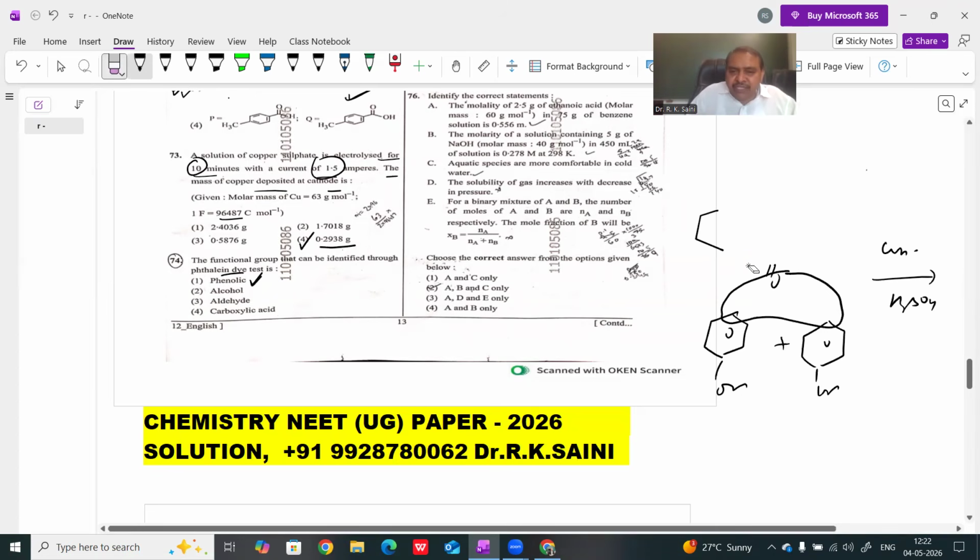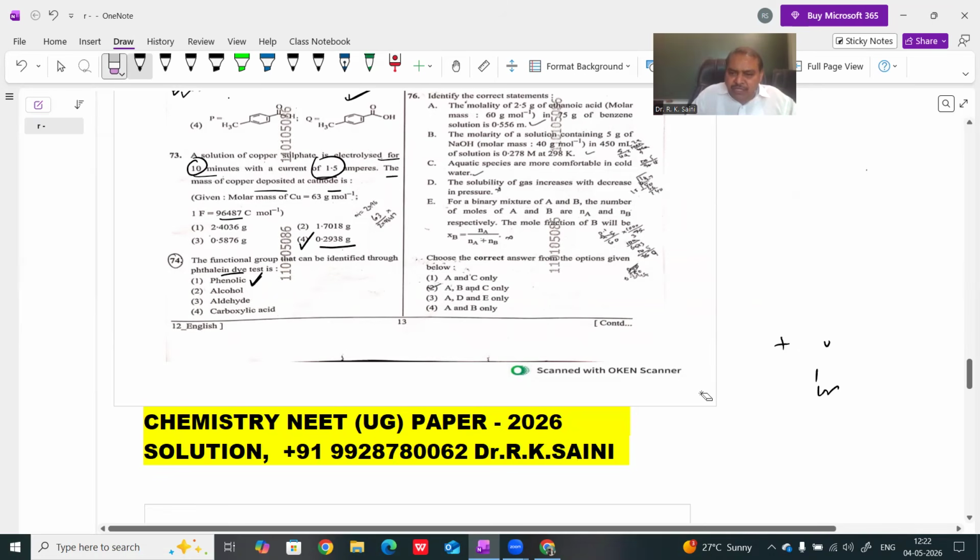Question number next, 76. Another question taken from stoichiometry and mole concept. The first option: the molality, small m, when 2.5 gram of ethanoic acid, molecular mass 60, is dissolved in 75 gram of benzene, the solvent.